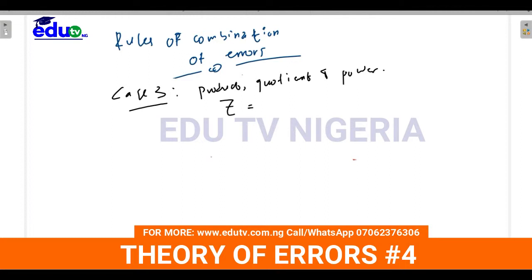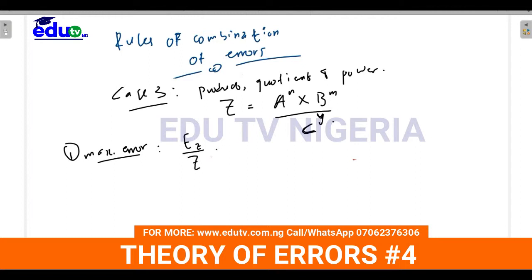Say we have a to the n, b to the m, and c to the y. For the maximum error, it's just error in z over z. Now the quotients, the powers.